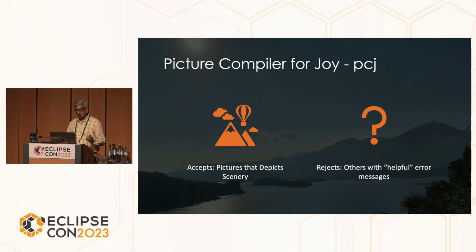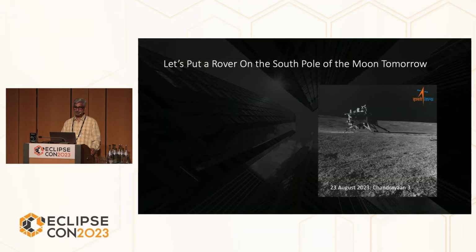So let's write a compiler, let's have it tomorrow. It's like saying, let's put a rover on the south pole of the moon tomorrow. I'm saying this on 22nd of August, and by 23rd of August I expect it to be there.